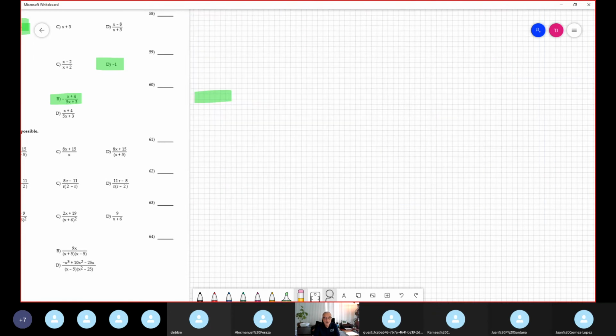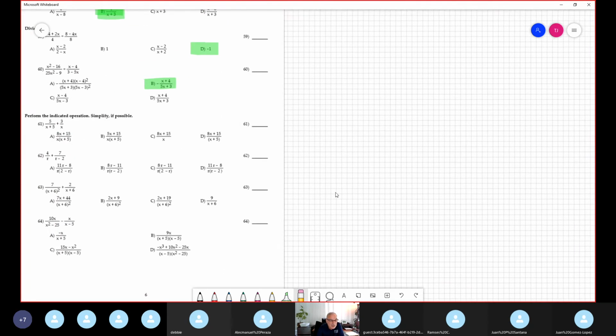Okay, let's move on to one important but a little complicated part: addition and subtraction of fractions, or rational expressions in algebra.